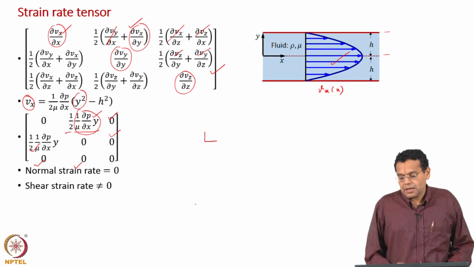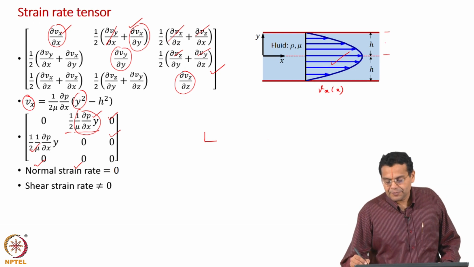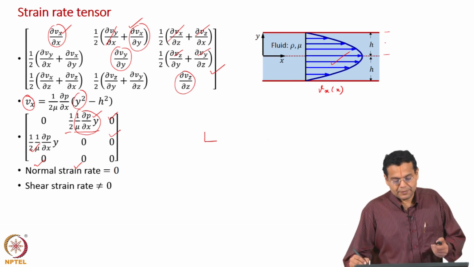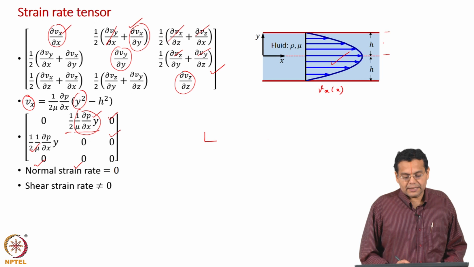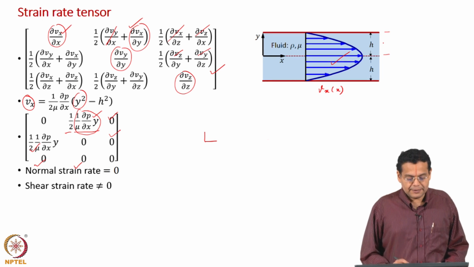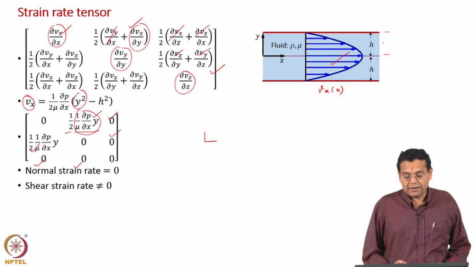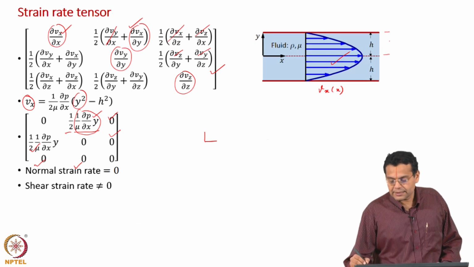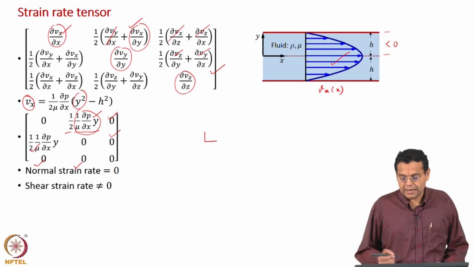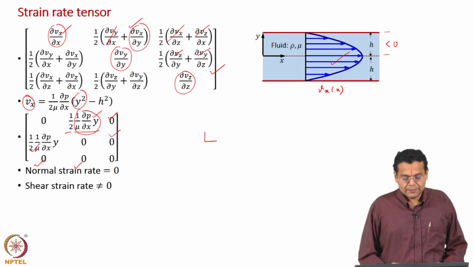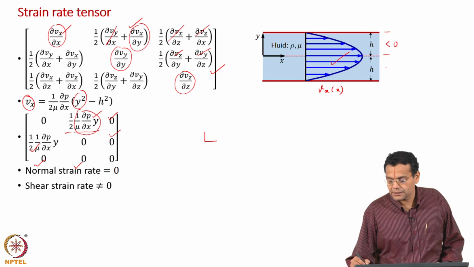So, in this region, this component, the strain rate tensor component, which is the shear strain rate divided by 2, is less than 0, which is negative. Below the central line, of course, ∂p/∂x is negative and y is also negative, and so the component is greater than 0, or positive.